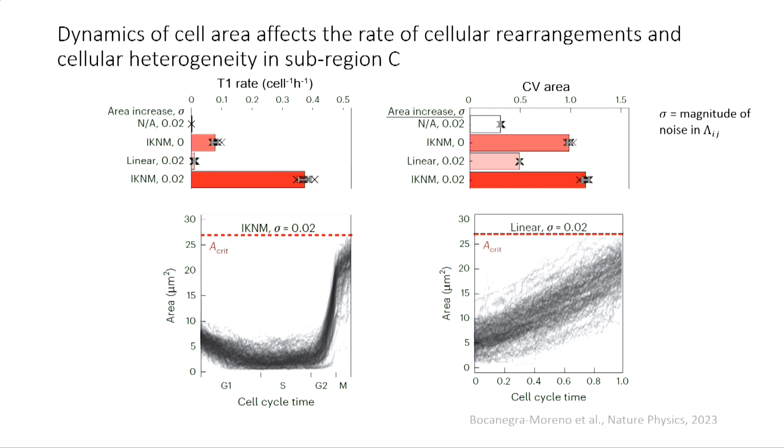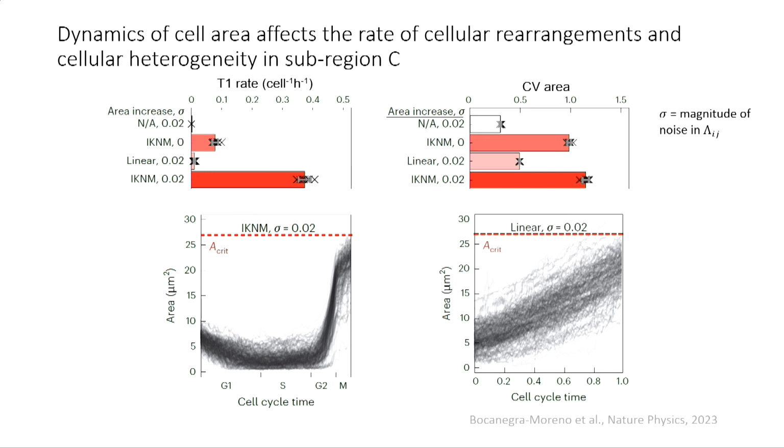There is still cell area variability, but not at the level that is observed in the tissue. If you just have this cellular dynamics of the interkinetic nuclear movement of going up and down, and no noise, it gives you some fragmentation. It highly increases the cell area variability.